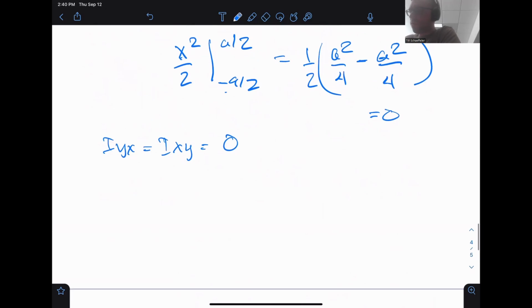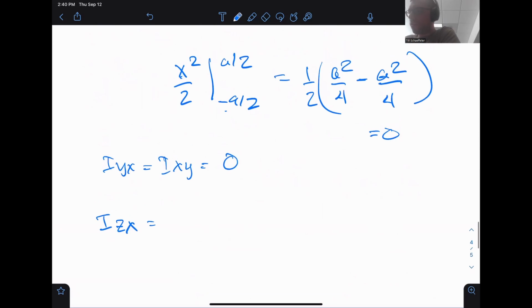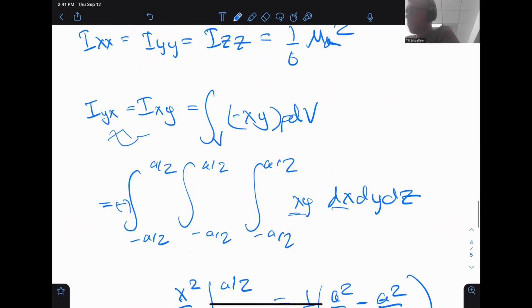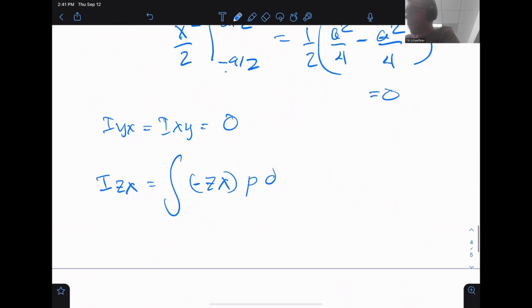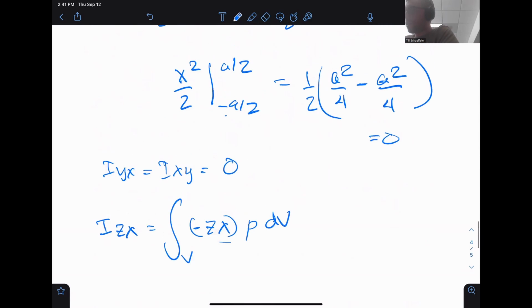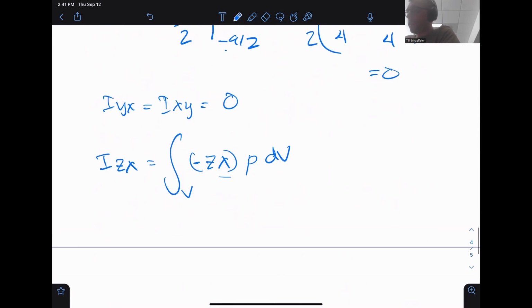The next one we need, for example, would be Izx. That would be the integral over negative zx. Got the density there, but it doesn't matter because it's 0. So here, if you do the integral over x again, you get the same thing. So all the off diagonal elements are going to be equal to 0.